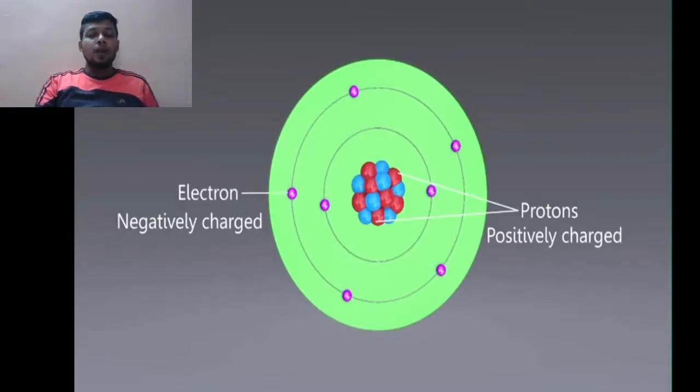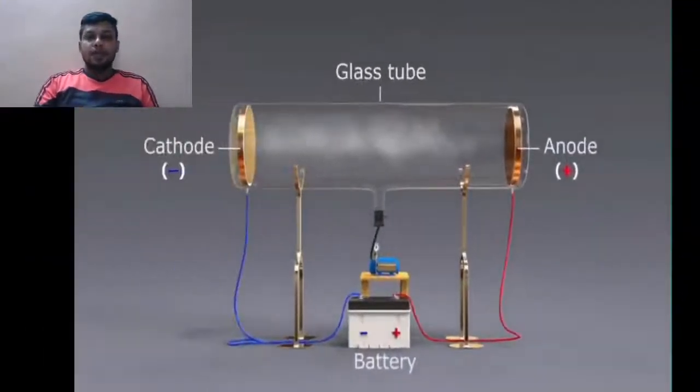How did these charges, positive or negative, come about? It is because of the experiment conducted by J.J. Thomson. This is the setup of the cathode ray tube.